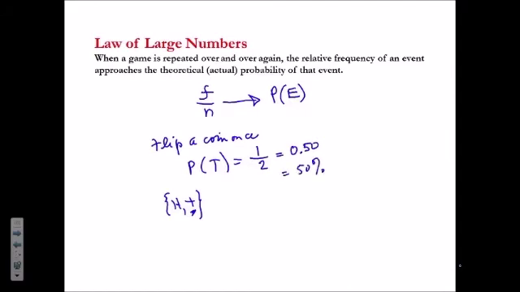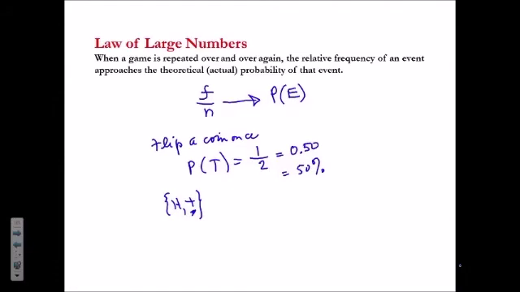Let's play this game over and over again of flipping a coin and see what happens. If you flip a coin many times, the relative frequency is going to come out to be a number very close to the theoretical value of 50%. You can do this at home by dropping 100 coins on the floor and counting the number of tails.